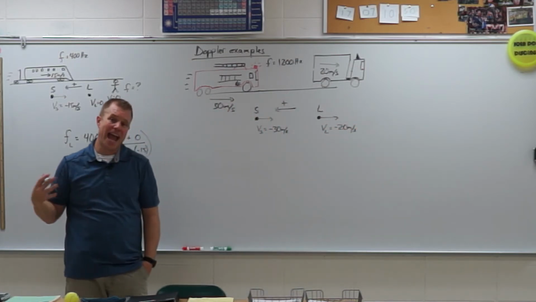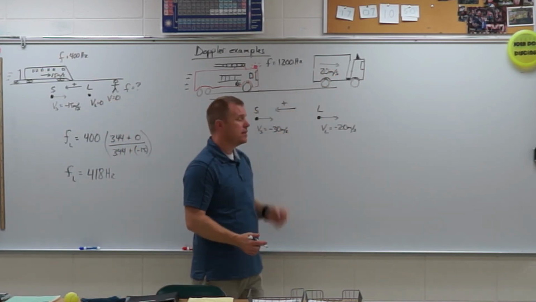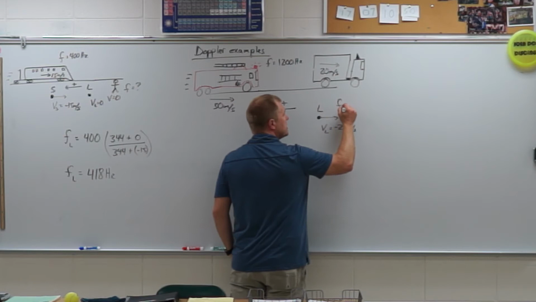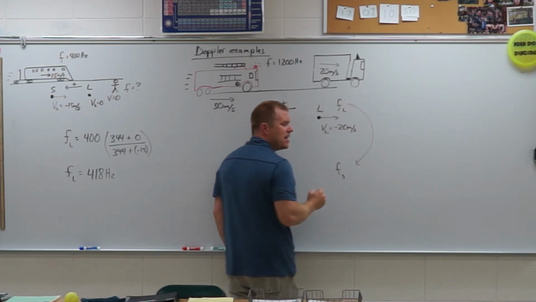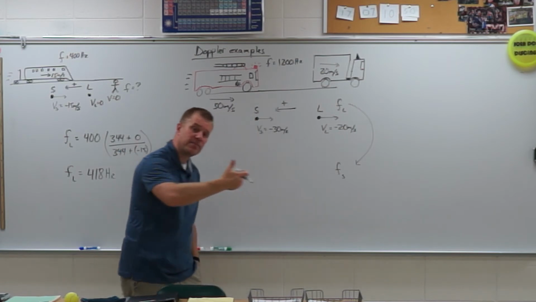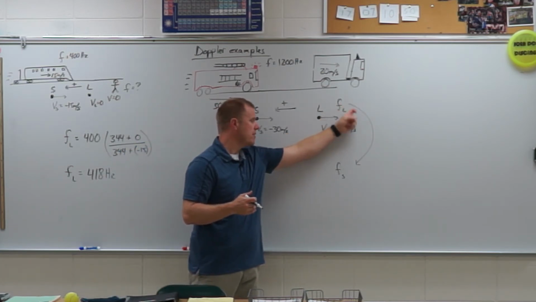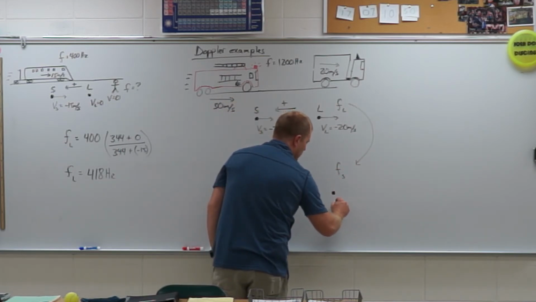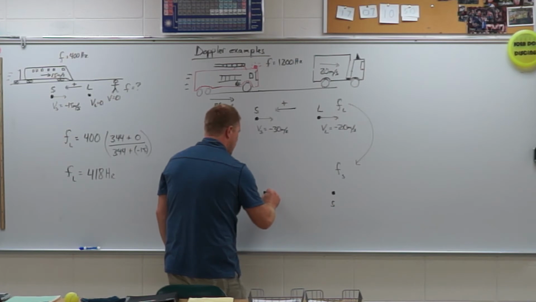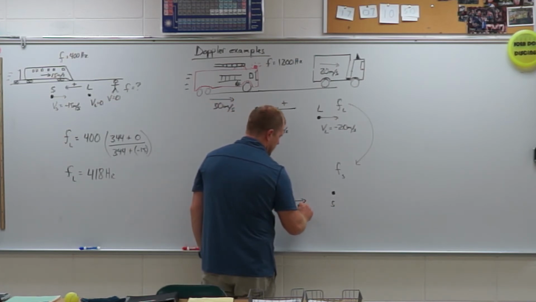Now what's going to happen after that is that sound is going to be reflected. So we have a frequency of the listener here. That now becomes the frequency of the source. The sound is reflected back with whatever frequency it hits that truck with. Now the truck is the source and the fireman is the listener. L to S is my positive direction.